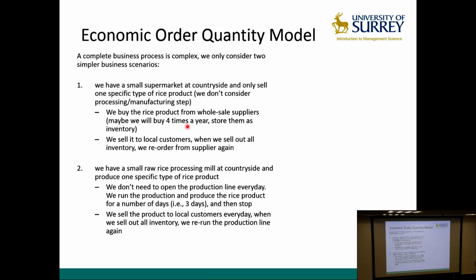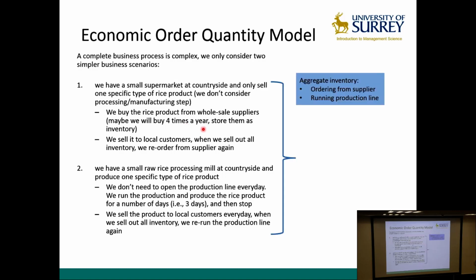If I think about it abstractly, this is a pretty similar process. First, we always need to aggregate some inventories, either by ordering from the suppliers or by running our production lines and producing the products ourselves. So we aggregate inventories and sell to the customers. We supply the demand.